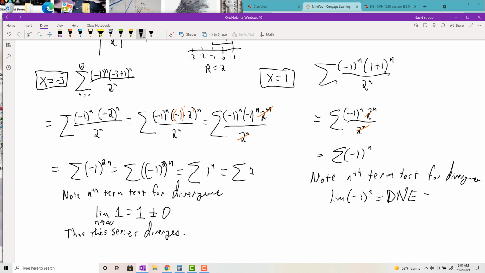In other words, it's definitely not equal to 0. So again, this series diverges. And so for our interval of convergence, our IOC, we'll just use open parentheses -3 and open parentheses 1. Okay, so that was a video quiz.